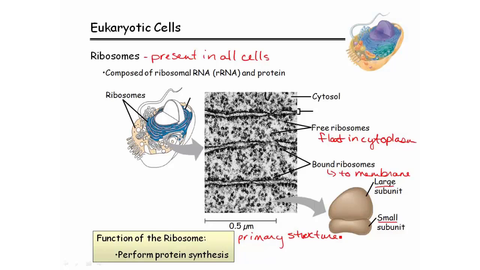If we are hooking together the amino acids in the correct order, essentially what we are doing here is we are making peptide bonds. So the ribosome will be making the peptide bonds of the primary structure. Ribosomes are quite small, and you will have literally hundreds of these, if not thousands of these, inside a single cell.